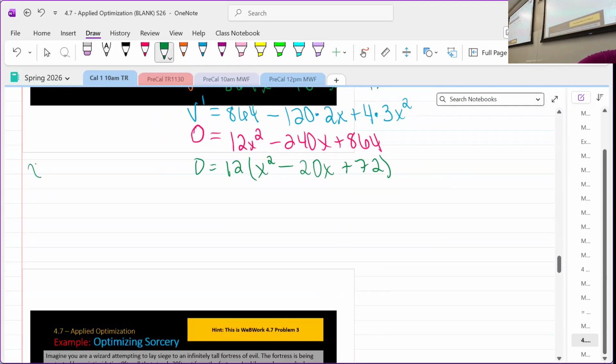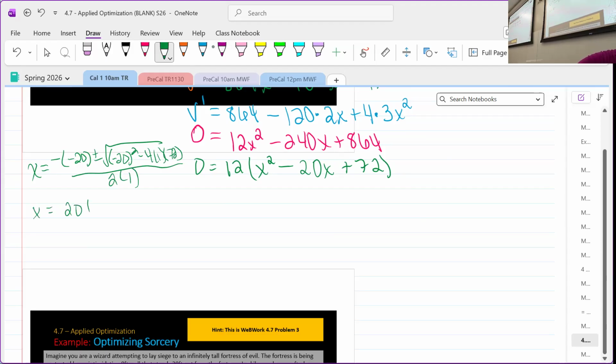All right, so x equals negative 20 plus or minus the square root of negative 20 squared minus 4 times 1 times 72, all over 2a.